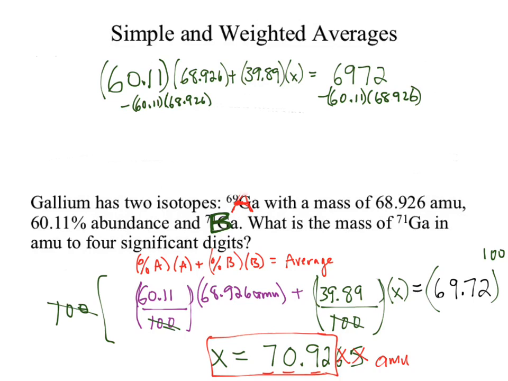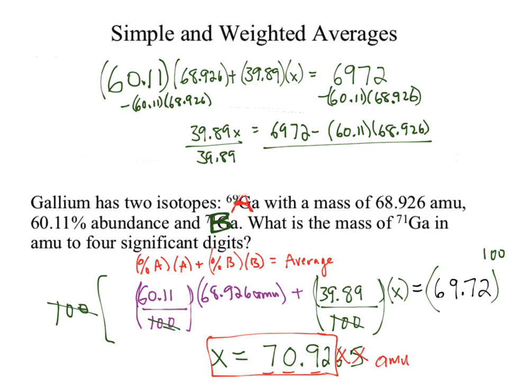I would have 39.89 times x equals 69.72 minus the quantity 60.11 times 68.926. Divide both sides by 39.89. There's my algebra.